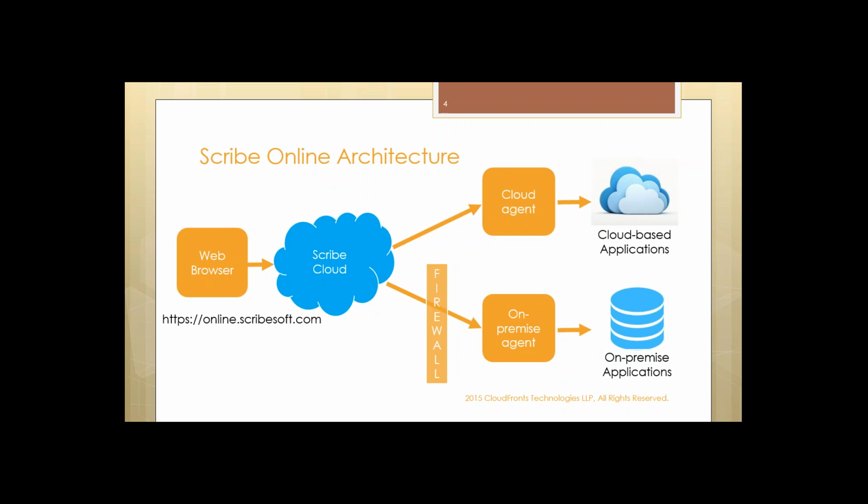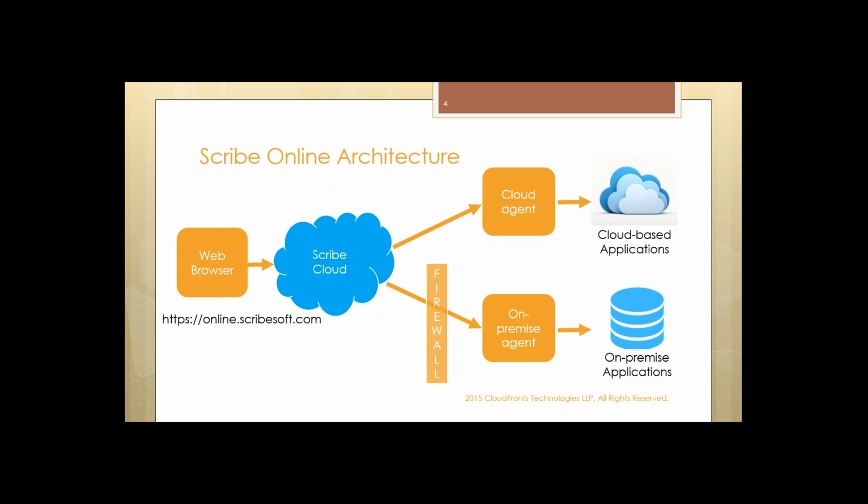Having said that, Scribe Cloud has two types of agents, the cloud agent and the on-premise agent. Cloud agent, as the name suggests, resides on the cloud and is used when both the integration endpoints are cloud-based.